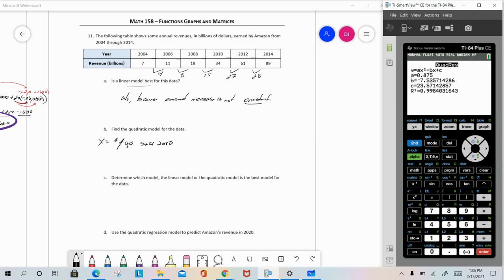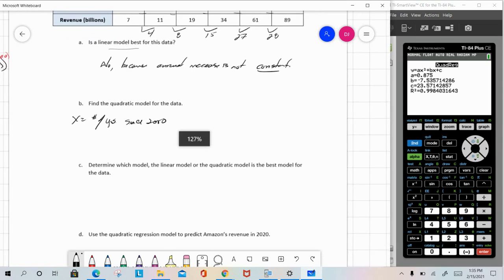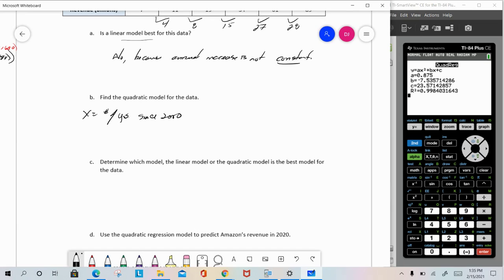So the regression model for this data is Y equals 0.875x squared minus 7.536x plus 23.571.